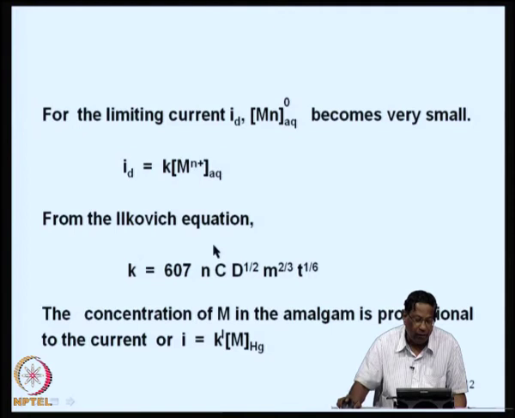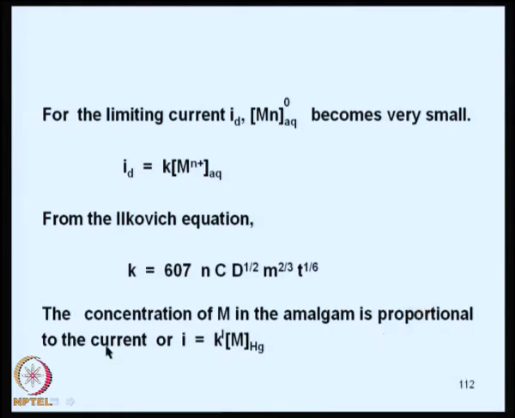From the Ilkovic equation, k is a very standard expression. The concentration of the metal in the amalgam is proportional to the current I, that is equal to k dash.